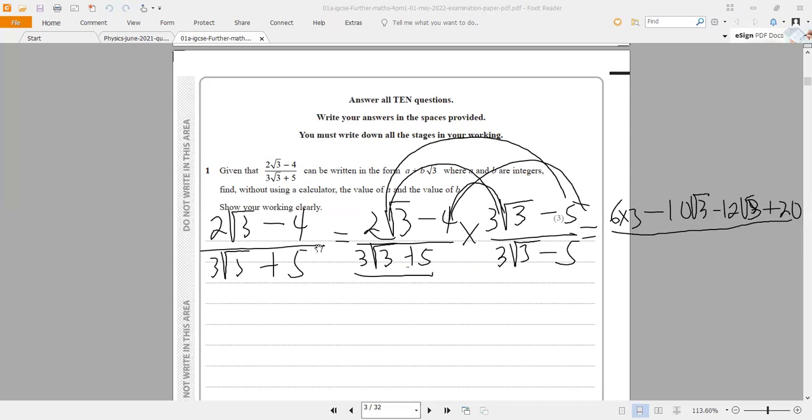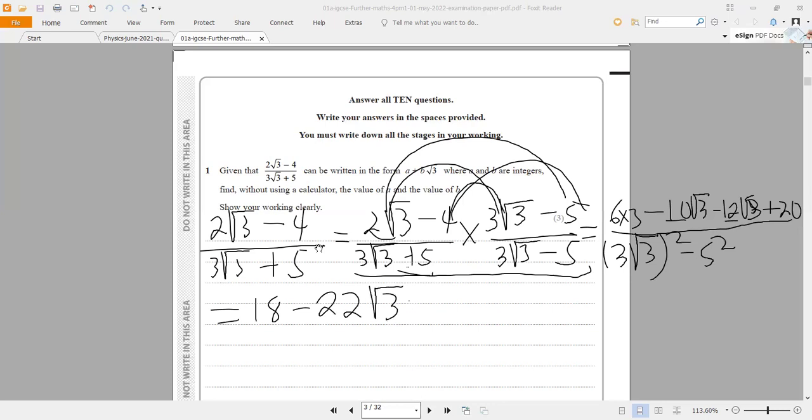All over, this will give us (3 root 3) squared minus 5 squared. So the numerator is 18 plus 20 which gives us 38, and minus 10 root 3 minus 12 root 3 gives us minus 22 root 3.